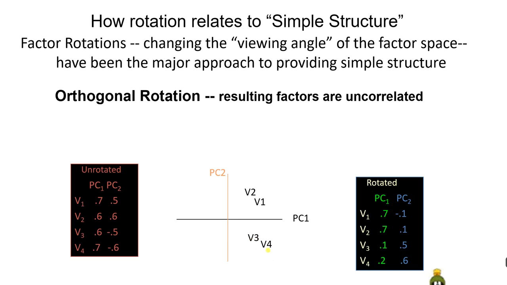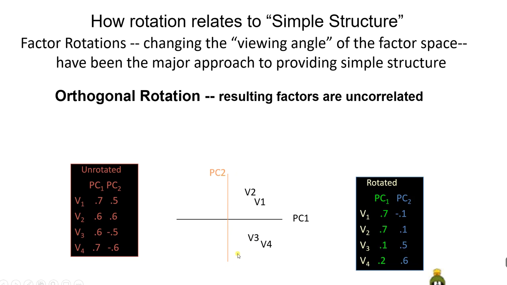Now, if we maintain the angle of these axes at 90 degrees, a 90-degree angle is equal to zero correlation. So if two axes are at 90 degrees, it means these two components are uncorrelated, orthogonal to each other. If we maintain this orthogonality and we rotate the axes, then whenever we rotate, both axes will rotate simultaneously, retaining the 90-degree angle.